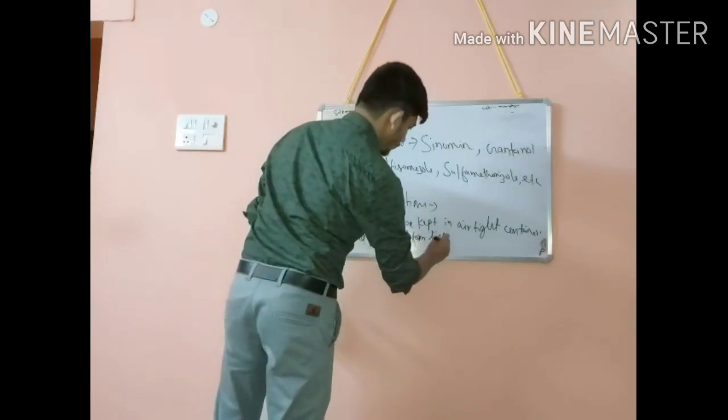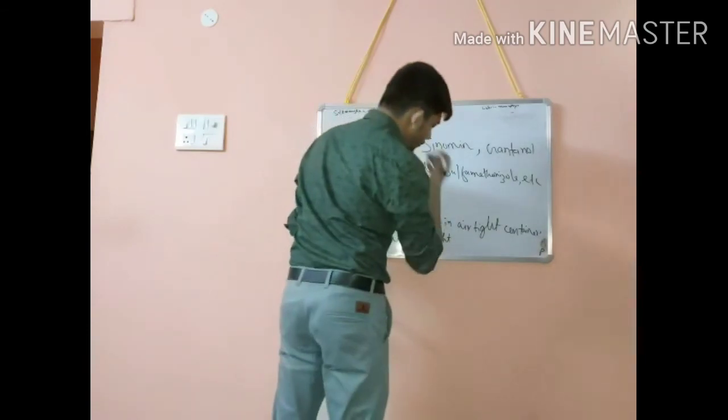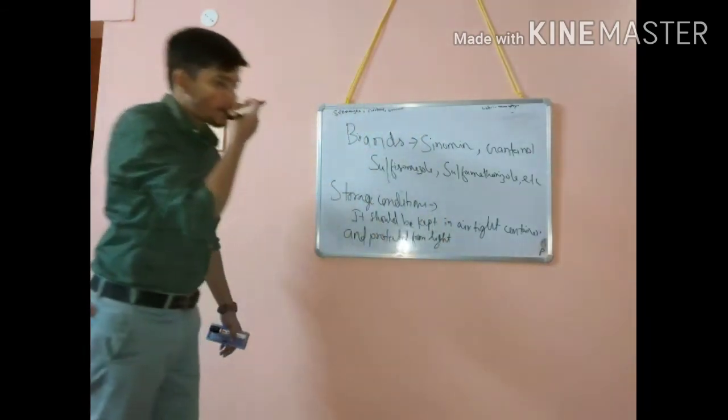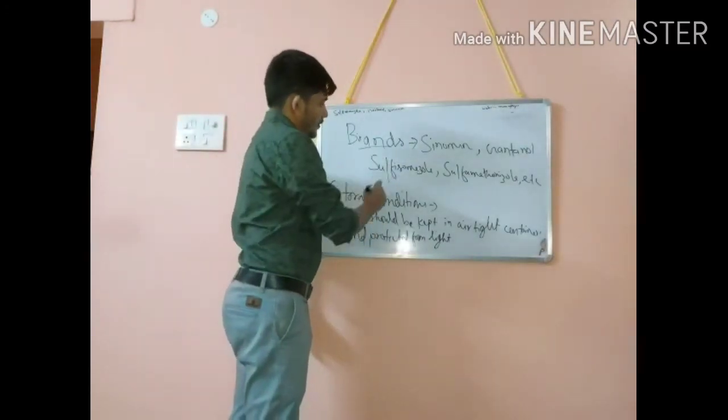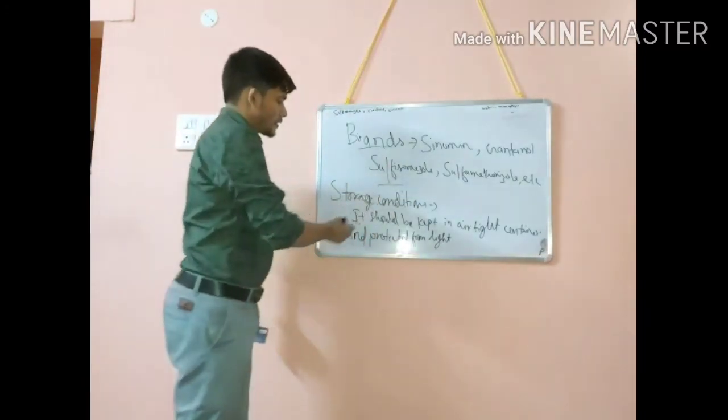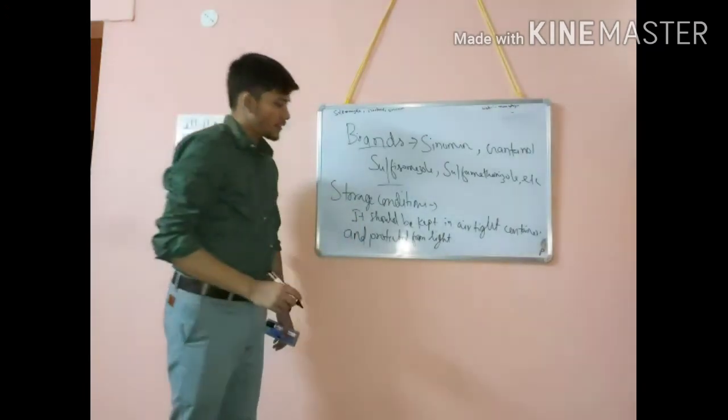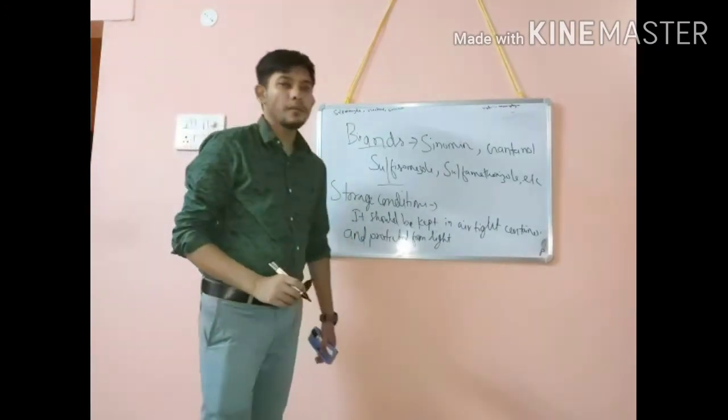For light protection we can use an amber colored container. So this is about the brands and the storage conditions. I hope you have understood.